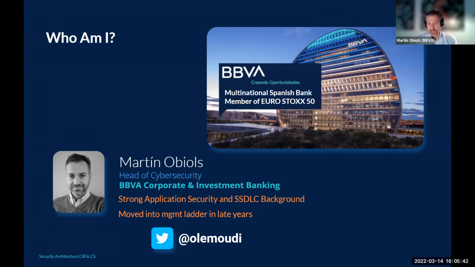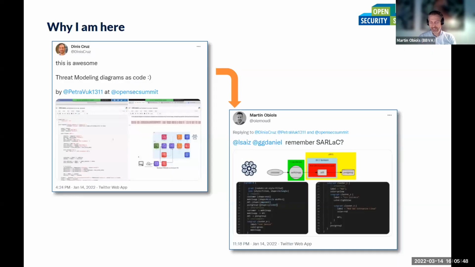So if you want to chat a little bit about these topics or anything related to cybersecurity, I'm pretty active there. And because I'm active there, that's the reason I ended up here giving this talk, because I chimed into some discussion from an earlier summit where Dennis was talking about threat modeling diagrams as code. And I remember that we were actually, 3 years ago or 2 years ago, working on something related to that in BBVA.